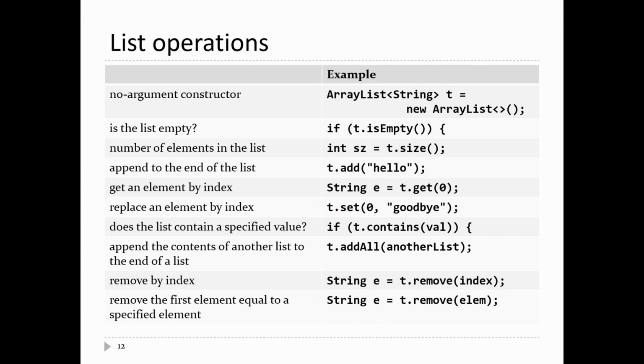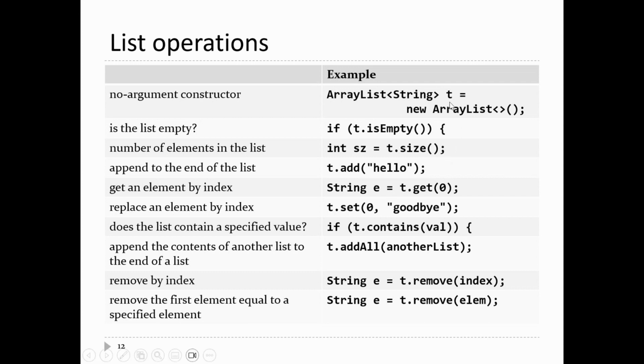You have to be careful with set. So set is badly named. Set replaces an existing element. It doesn't set the element at an index. It replaces an existing element. So set replaces the element at index 0 with the string goodbye. The confusion here is that people who are new to Java will try to use set to add an element to a list.